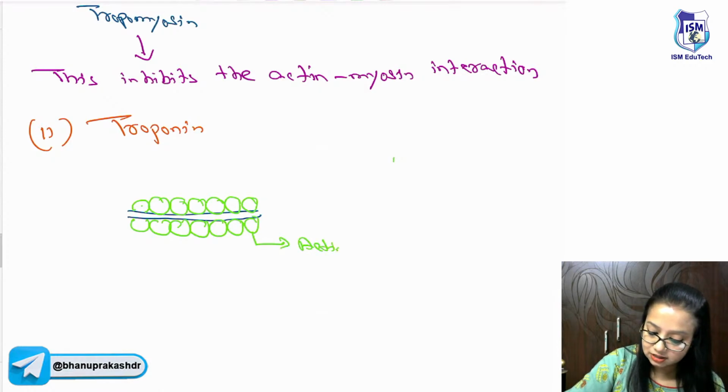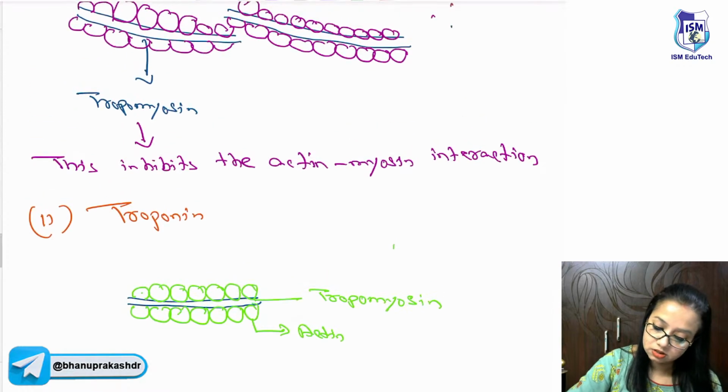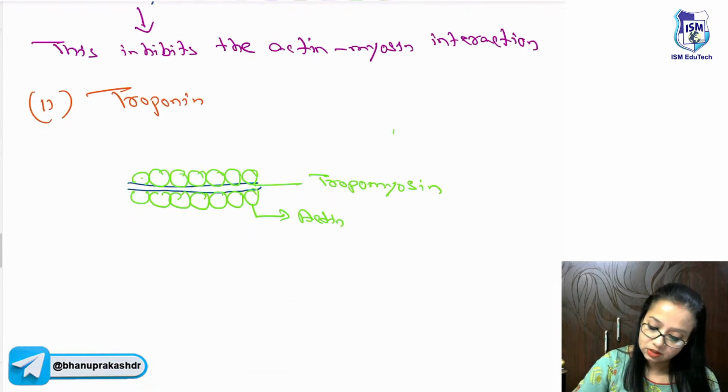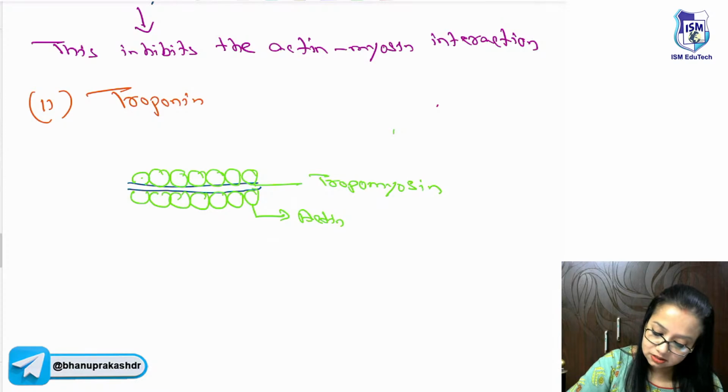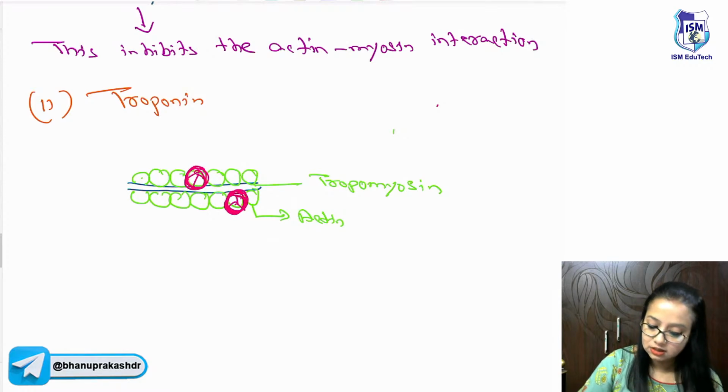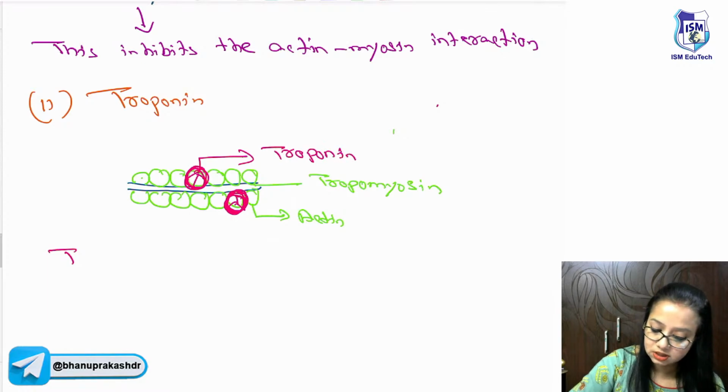This is actin, this is tropomyosin. Here also, these are the actin. Okay, so troponin is lying something like in this orientation. Now, this is our troponin.